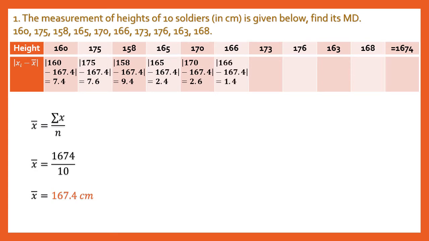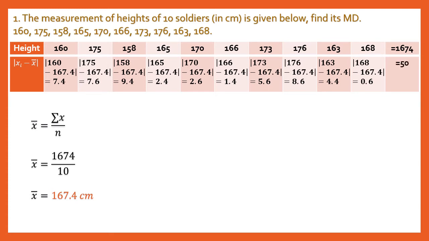I am just writing them down as positive values, even if it's a negative value. So one by one, I will deduct 167.4 from all the observations, and I will get my answers. And at the end, I need to make a total of all these values, that is 7.4 plus 7.6 plus 9.4 up to 0.6, and my final answer here is 50.